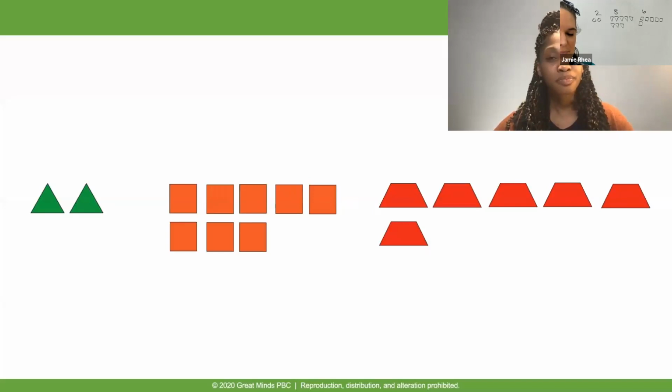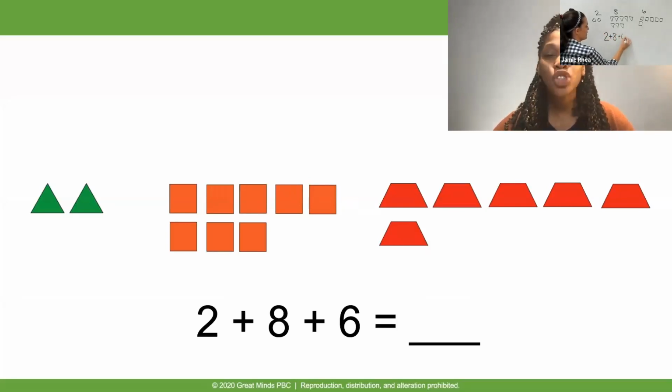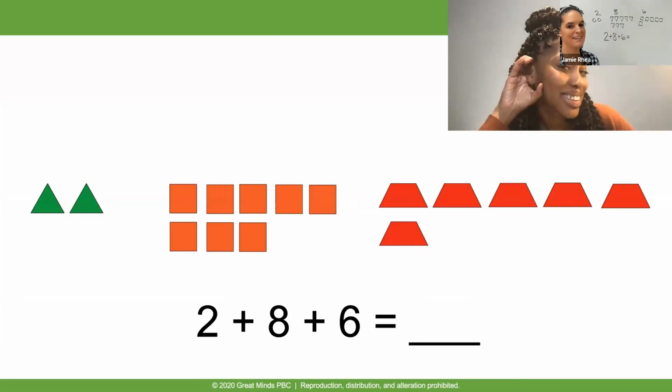What would our number sentence be? Yes, our number sentence would be 2 plus 8 plus 6 equals something. What 2 addends make 10? We know that 2 and 8 make 10.